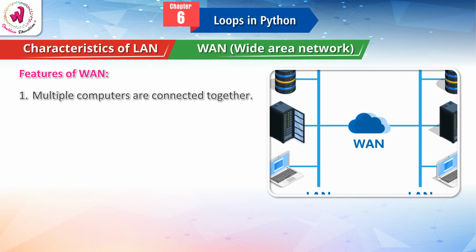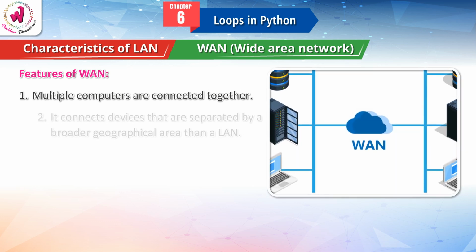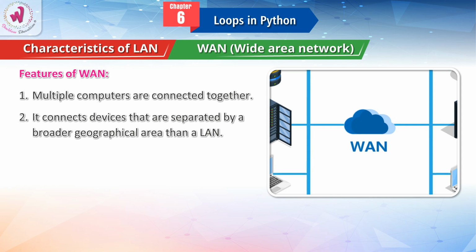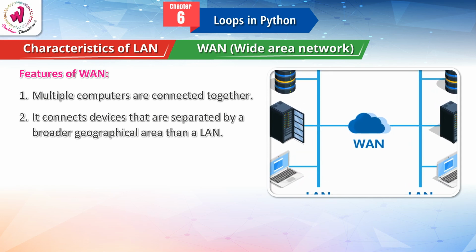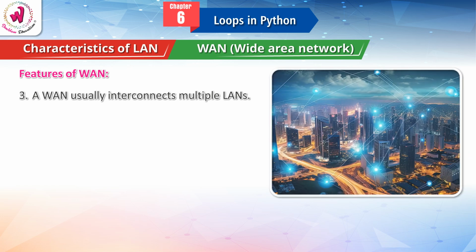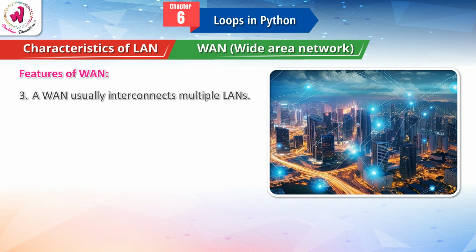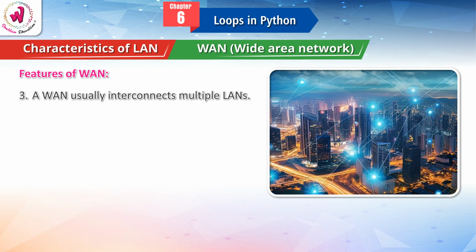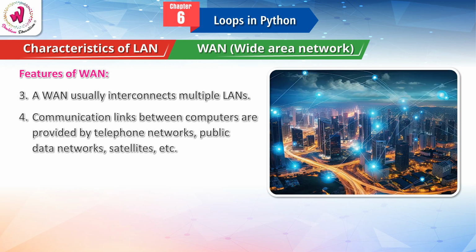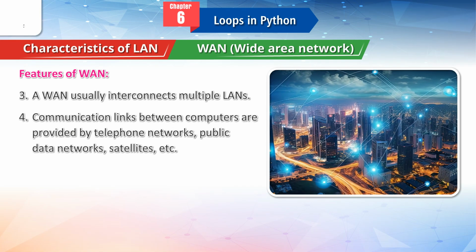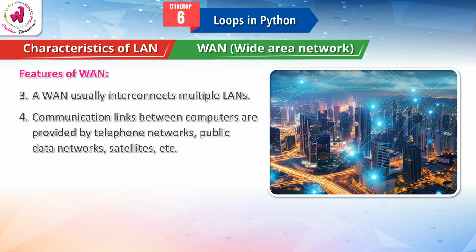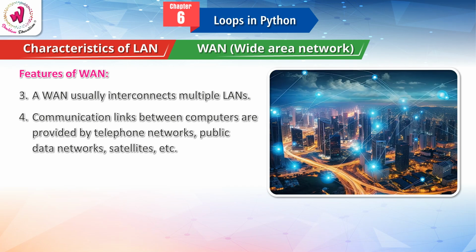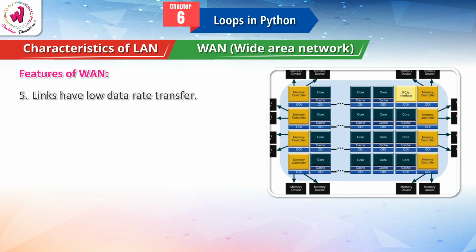Features of WAN. 1. Multiple computers are connected together. 2. It connects devices that are separated by a broader geographical area than a LAN. 3. A WAN usually interconnects multiple LANs. 4. Communication links between computers are provided by telephone networks, public data networks, satellites, etc. 5.